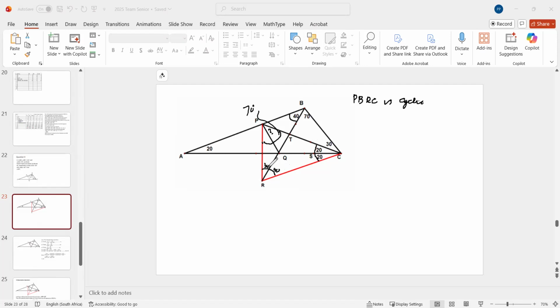Now this angle is 70. That angle is 70. So you have this triangle. The triangle in red, I got 40 degrees, 70 degrees, and 70 here.